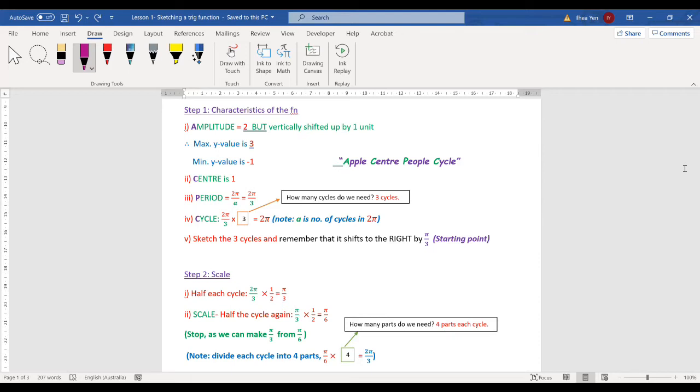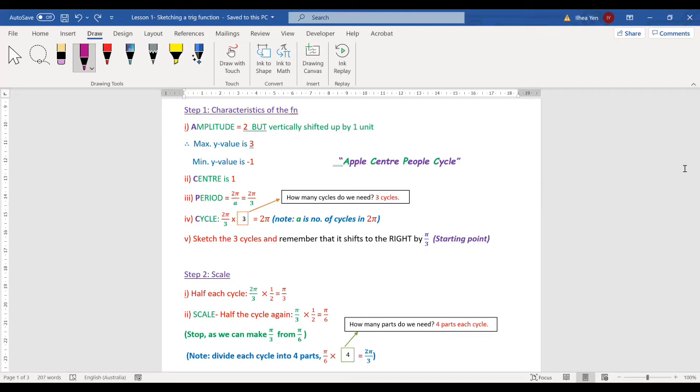So 2 pi over 3 is my period times how many cycles equals 2 pi, because it's almost like saying number of cycles in 2 pi. You can just use a as how many cycles, or if you want to know how we got 3 cycles, it's just 2 pi over 3 times 3, which is 2 pi.